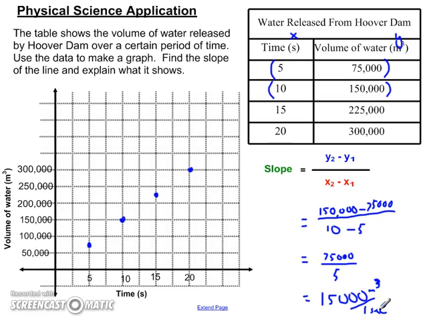We're taking the amount of water going through the dam and figuring out how much goes out every second. So 15,000 cubic meters of water is released through the dam every single second, and that's what our slope is. We're breaking it down, in this case, per second.